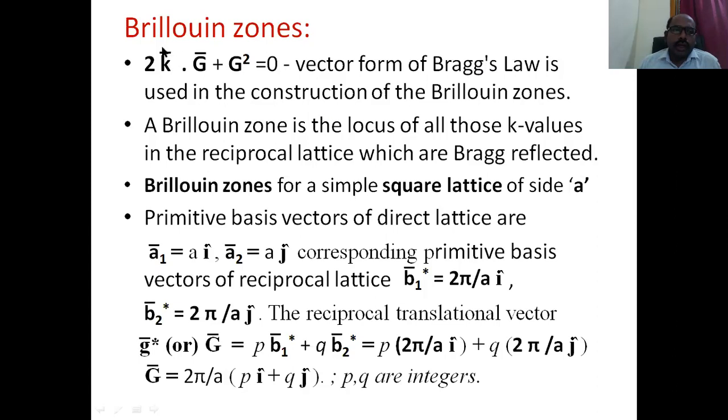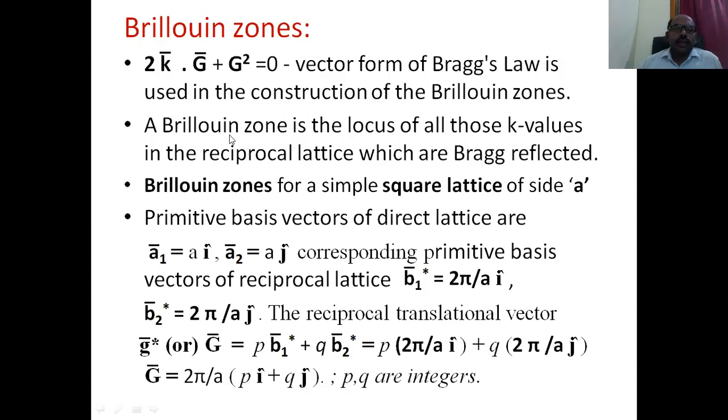Here the k bar is a wave vector. It is used in the construction of Brillouin zones. A Brillouin zone is the locus of all those k values in the reciprocal lattice which are Bragg reflected.